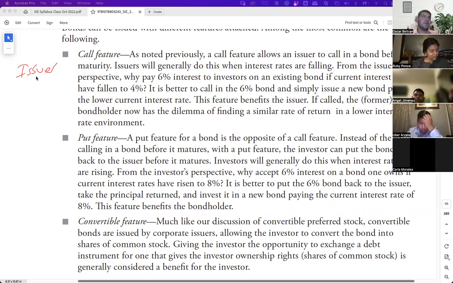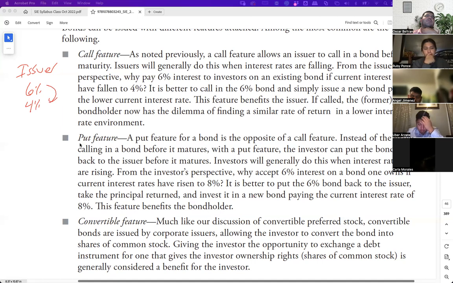It's going to allow them to replace a higher paying bond, let's say from 6% to 4%. So they're going to tell the investor, hey, we're going to replace your current high paying bond with something lower because we aren't going to pay. They're going to give them that 4% because why would I keep on paying 6% if I can give them 4%, right?